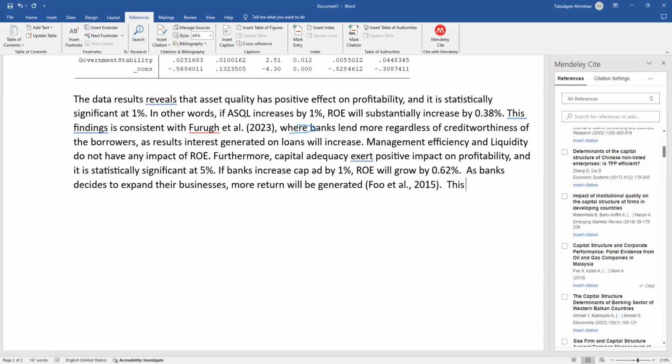These findings go in line with economies of scale paradigm or theory.